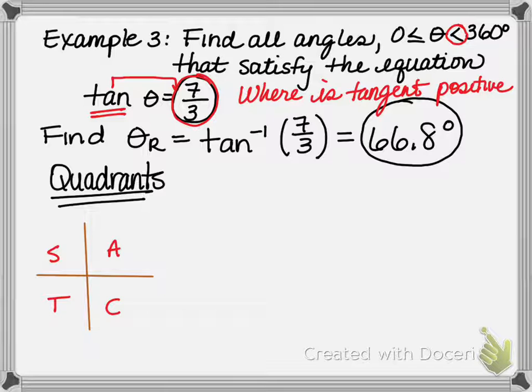Where is tangent positive? So I take my shading. It's always positive here, so we'll always permanently shade the first quadrant. Tangent starts with the letter T, so it's here. That's where it's positive, and that's all I have to do. I stop there because they asked for where it's positive, not negative. So my answers are where I shaded. That is quadrant number 1 and quadrant number 3. Okay, so there is that.